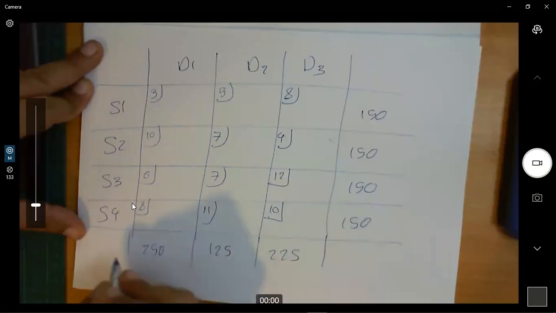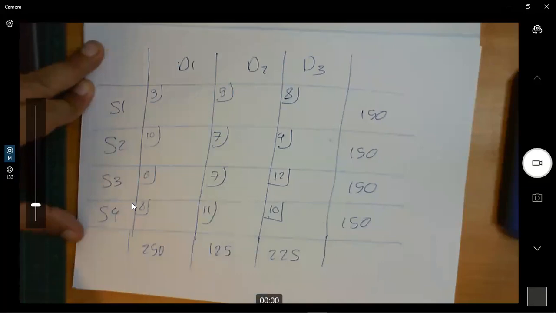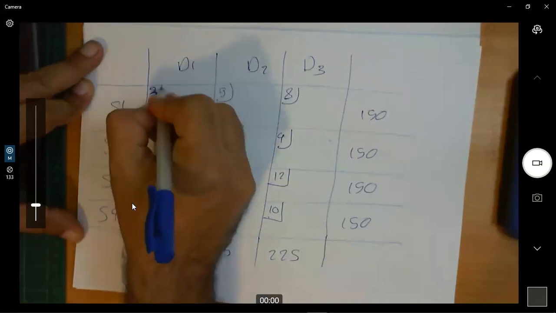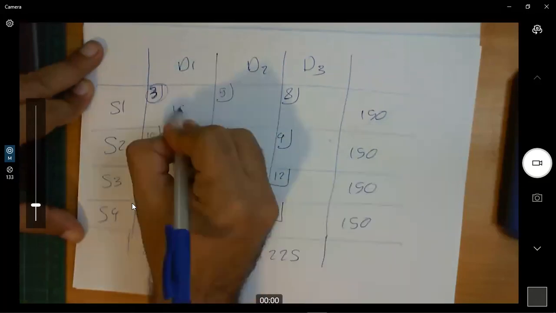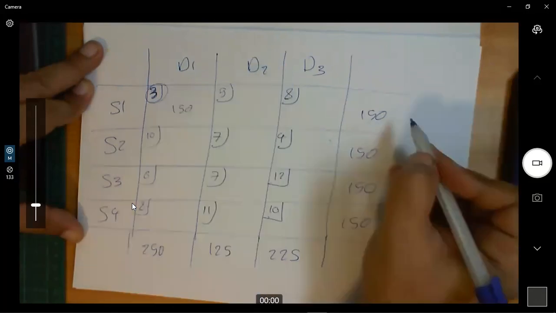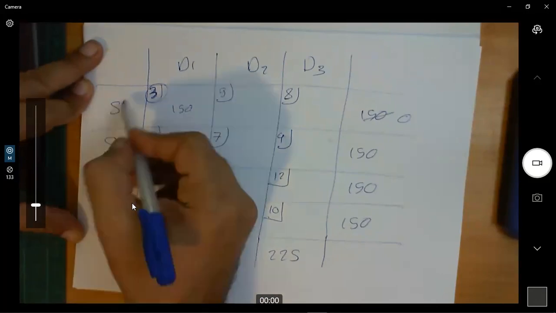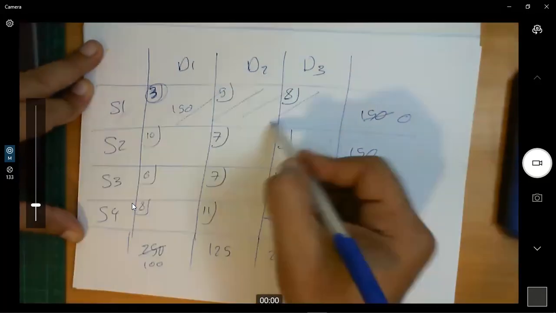Okay. Let's search for the least cost link. 3. Here. So we put 150. This one becomes 0. This one becomes 100. Okay. So this one goes out of the loop.